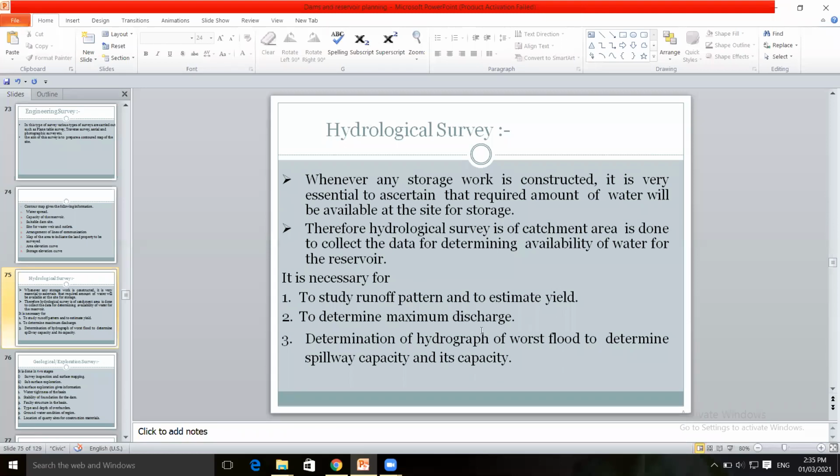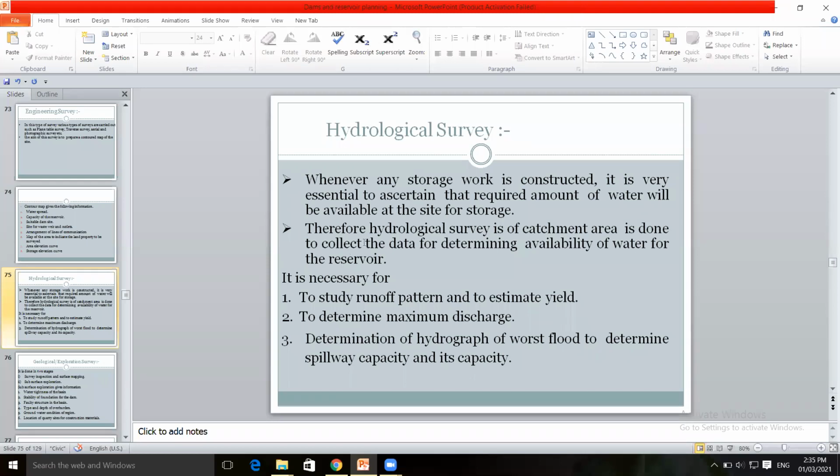Then what the maximum discharge is, discharge is measured in cumecs, the maximum discharge of that river is also calculated. Determination of the hydrograph of the worst flood, to determine spillway capacity and capacity of the reservoir, is determined from the hydrograph.